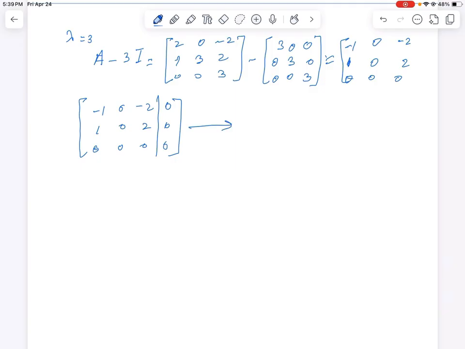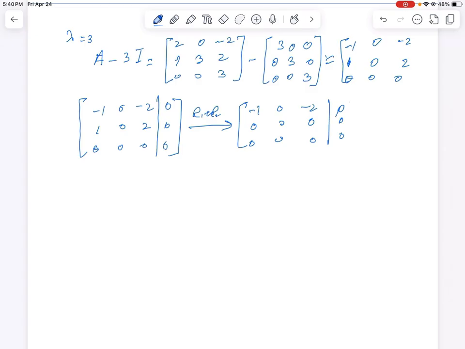You can see what happens when we try to eliminate the 1 in the second row using the top row. So we add row 1 to row 2, and we end up getting -1, 0, -2, and then 0, 0, 0, 0, 0, 0.